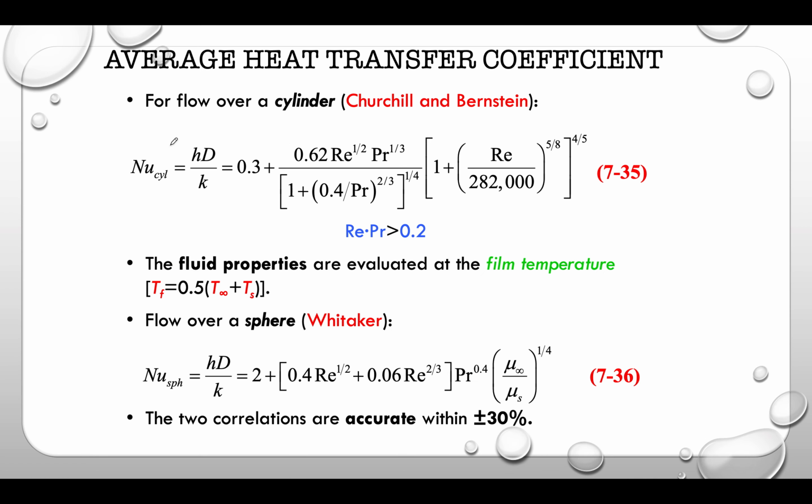Therefore, we directly use the Nusselt number for the cylinder. From the Nusselt number for the cylinder, we can equate this value with hD over k. From this equation, we can rearrange to get h. Okay, so let's do this example.